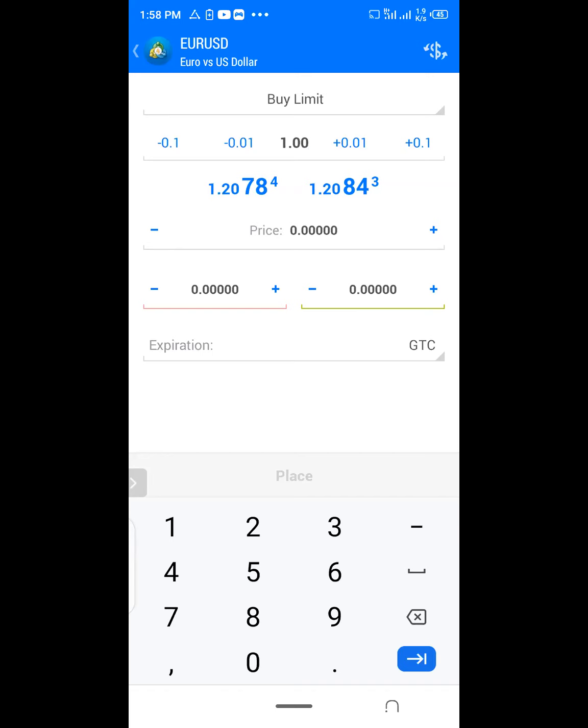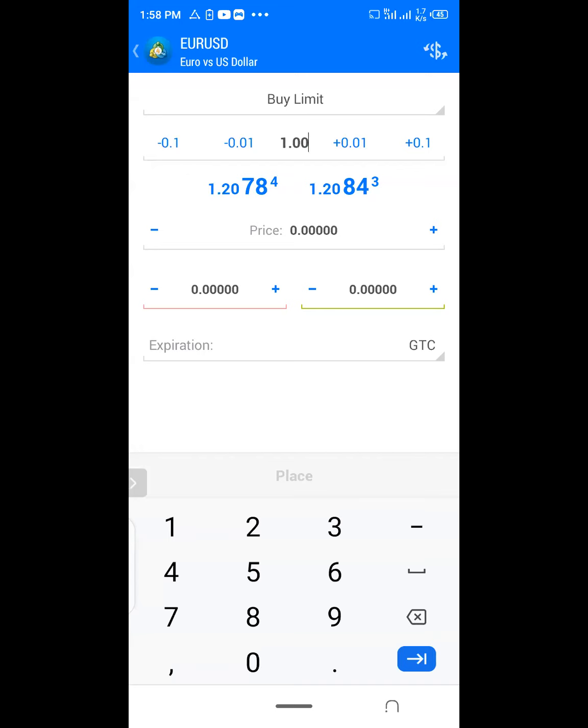Now, the lot size that you are going to be using is a factor of the amount that you have in your trading account. The rule says that you use 0.01 per $100 account. So if you have a $100 account, stick to 0.01.